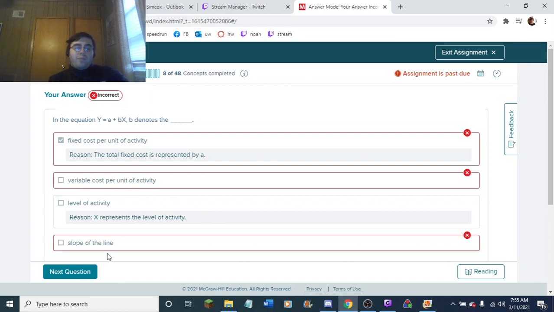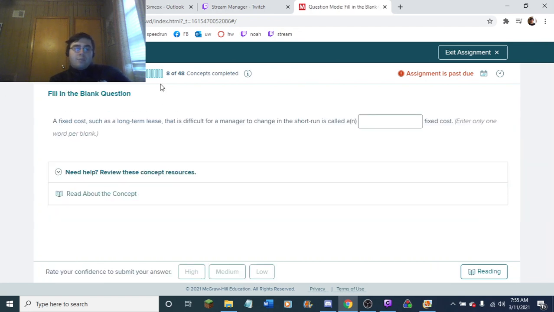Oh yeah, that's one of the answers. B is the slope of the line, and it also represents the variable cost per unit of activity. All right, a fixed cost. See, this is going to take too long. But I mean, it does get me to learn the info.